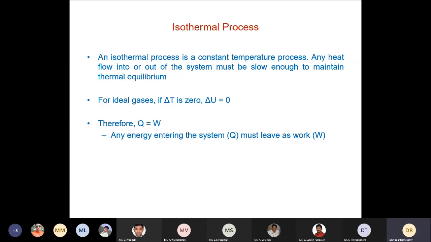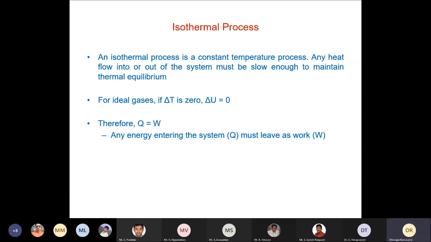Any heat flow into or out of the system must be very slow. If that happens, that system is known as a constant temperature system. So we can think that the system is maintaining thermal equilibrium.